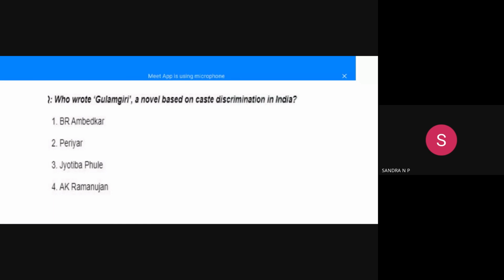Jyotiba Phule is also known as Jyotirao Govindrao Phule or Mahatma Jyotiba Phule.